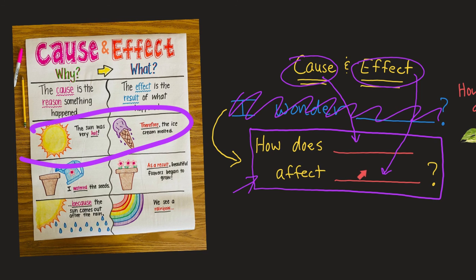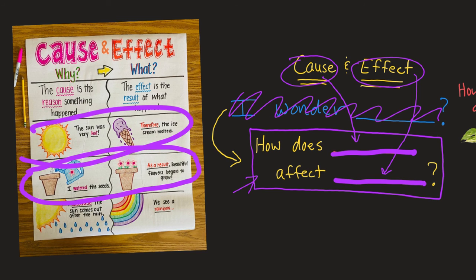Right away I have a cause and effect because of the way I've written this question. For the example down here with the flowers and the watering, I would say, how does watering affect plants or flowers growing?